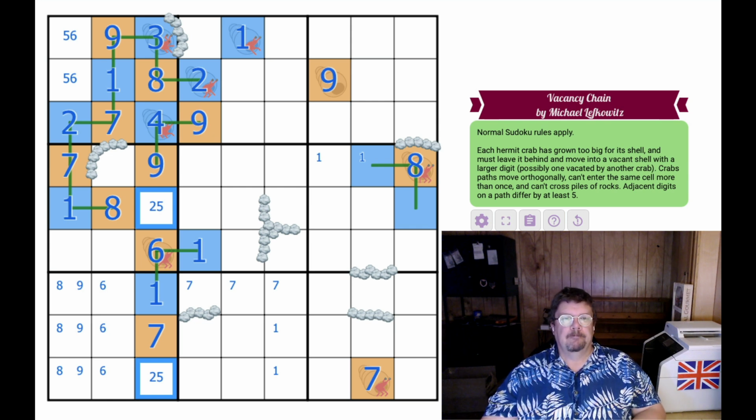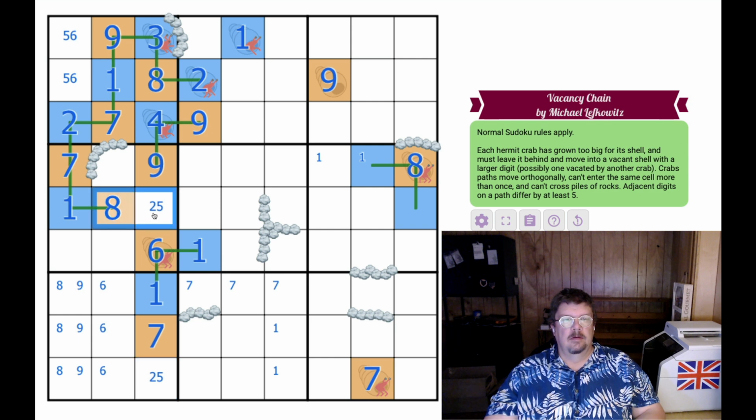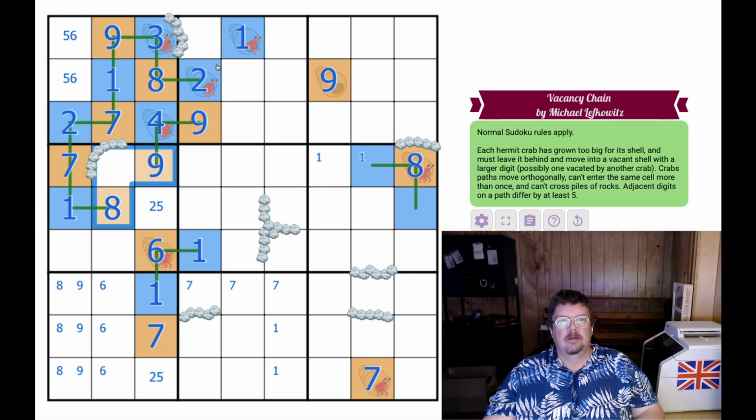Okay. And I don't know yet if I'm going that way or this way. I don't know if I'm going that way or that way. Okay, if I'm going that way, that's a 7, because it can't be a 6. And I've used the 8 and the 9. If it goes this way, that would be a 7 or an 8.